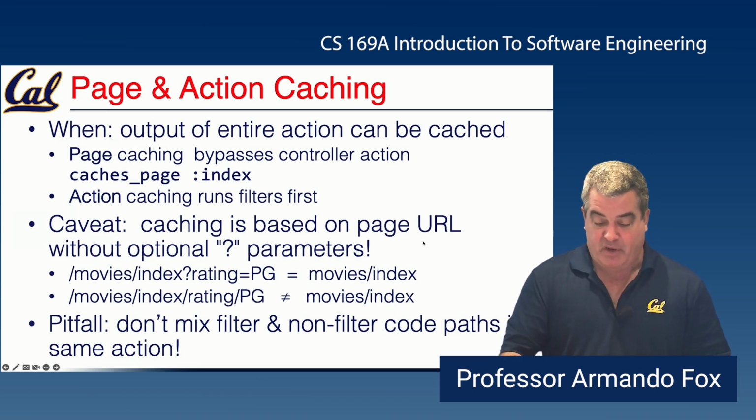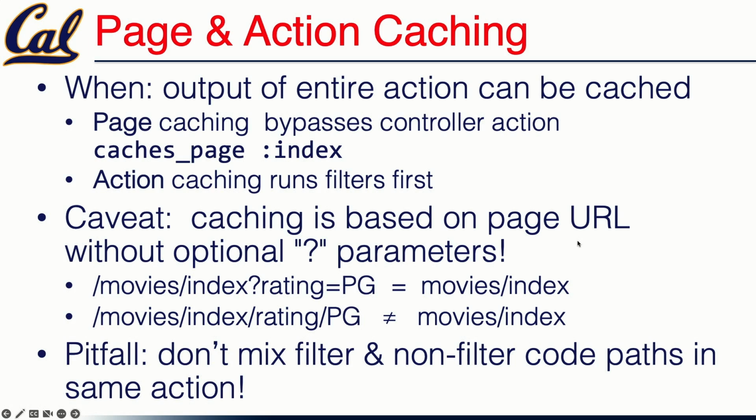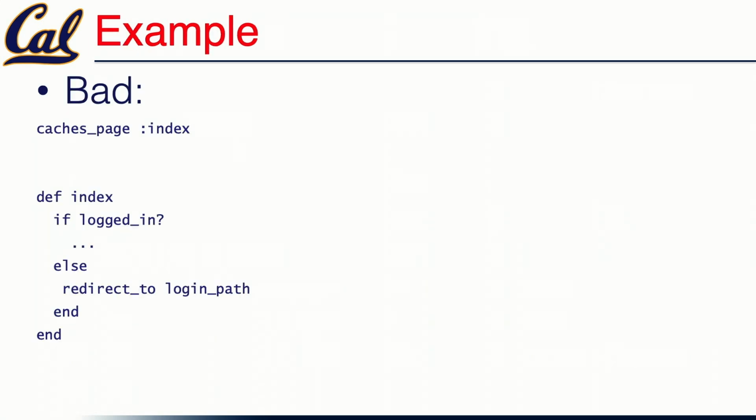So the pitfall here is be careful of mixing code paths in the same action that have a filter or not a filter. For example, don't do this. Don't declare that you're caching the entire page resulting from the index action, but inside the index action, you're basically doing a check that gives you two different page results depending on whether, let's say, the user is logged in or not.